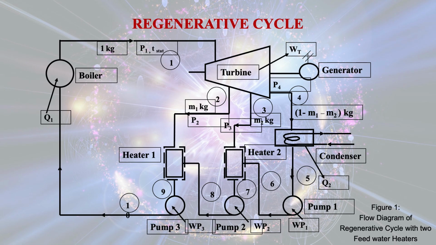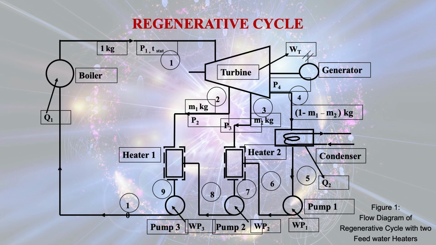further expanding in the turbine, but at pressure P3 again m2 kg of steam is extracted at pressure P3 and entering into the heater 2 for transferring of heat to the feed water. Now the remaining 1 minus m1 minus m2 kg of steam will further expand in the turbine, and it will leave the turbine.